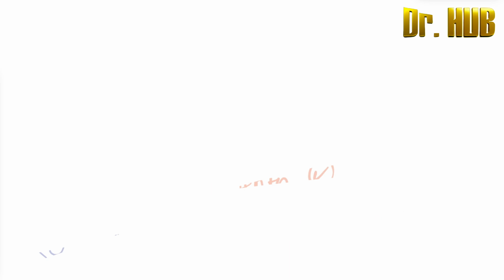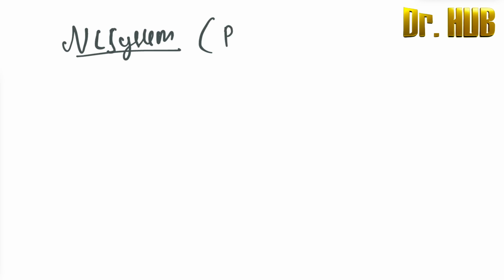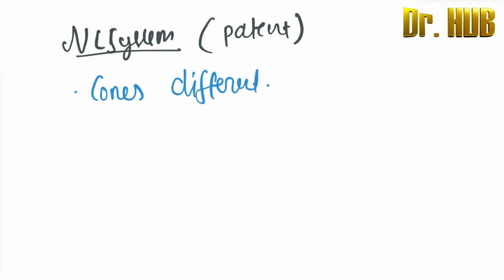The nasolacrimal duct system becomes patent. And the cones differentiate. All these are part of the 6th month.